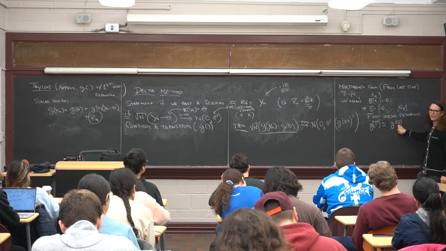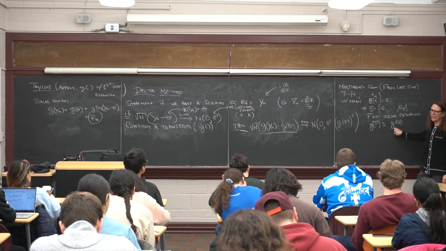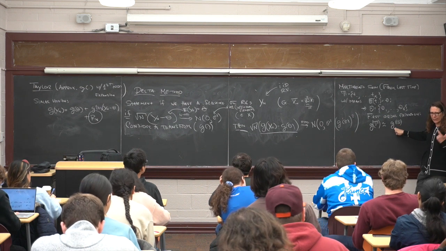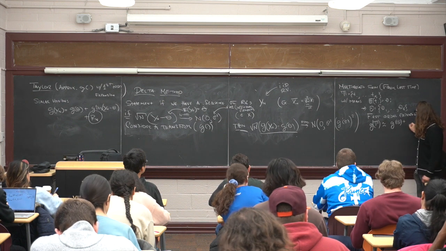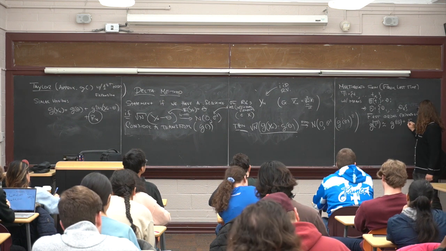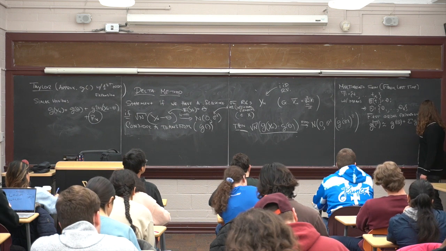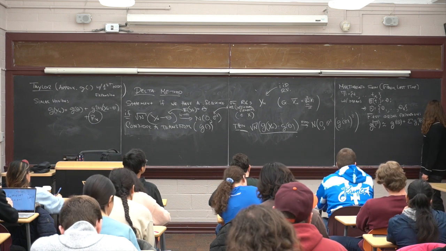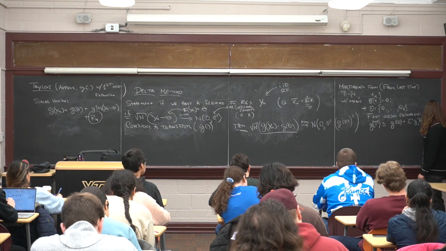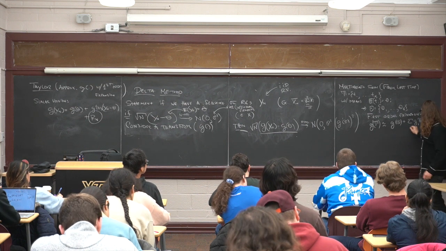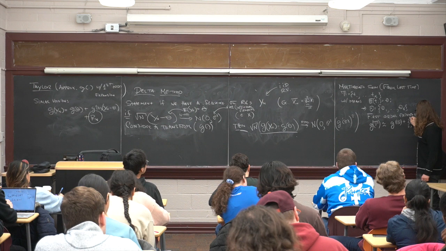Cap theta is multivariate, but when I evaluate it, it's scalar. So I'm evaluating it and I'm just turning it into a number. So this looks like this: the sum of G prime i evaluated at theta, times (Ti minus theta i). So that's just the first order thing. i goes from 1 to cap K.